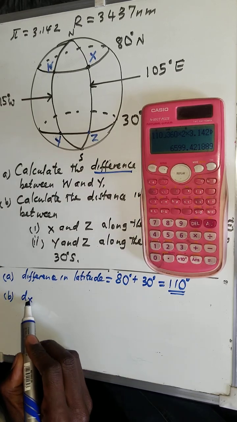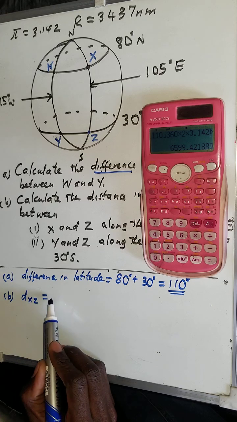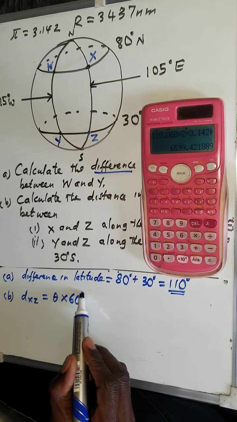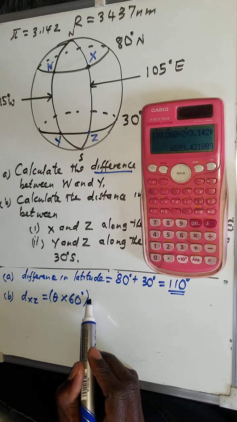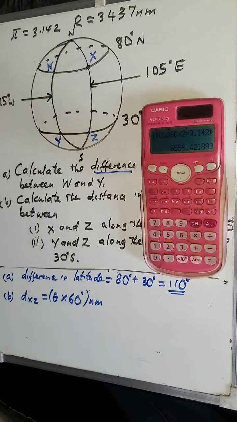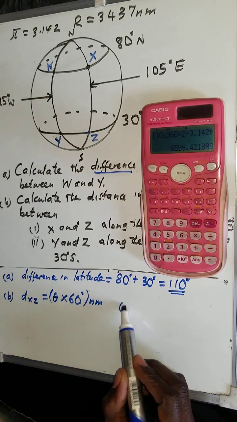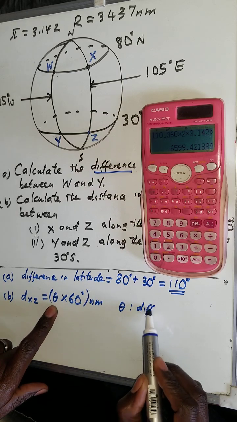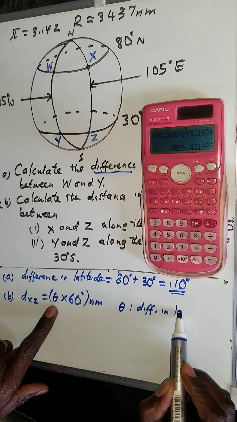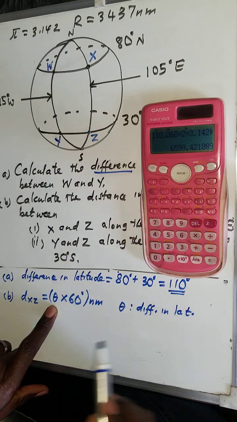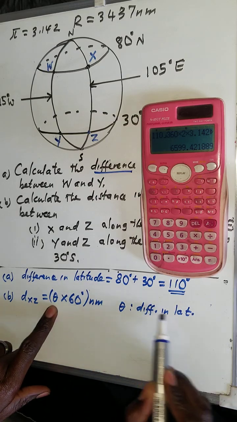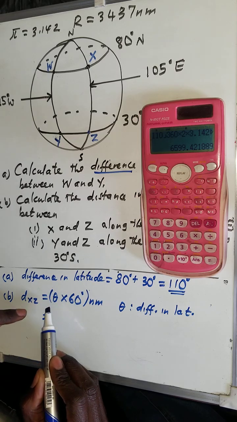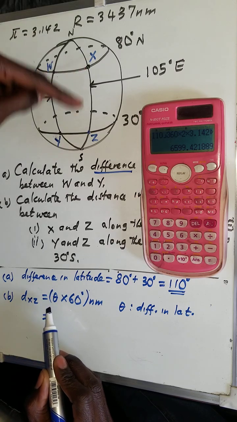So the distance XZ, you can also use and simply say theta multiplied by 60 degrees. This is only true if your distance is in nautical miles, where the theta there that we are talking about is representing the difference in latitude, which I've just abbreviated as diff in latitude. What's the difference in latitude between the points X and Z?